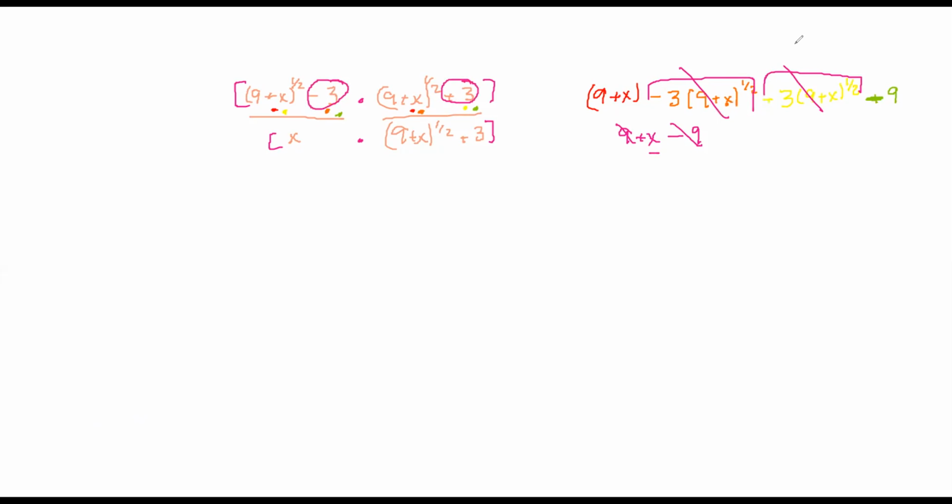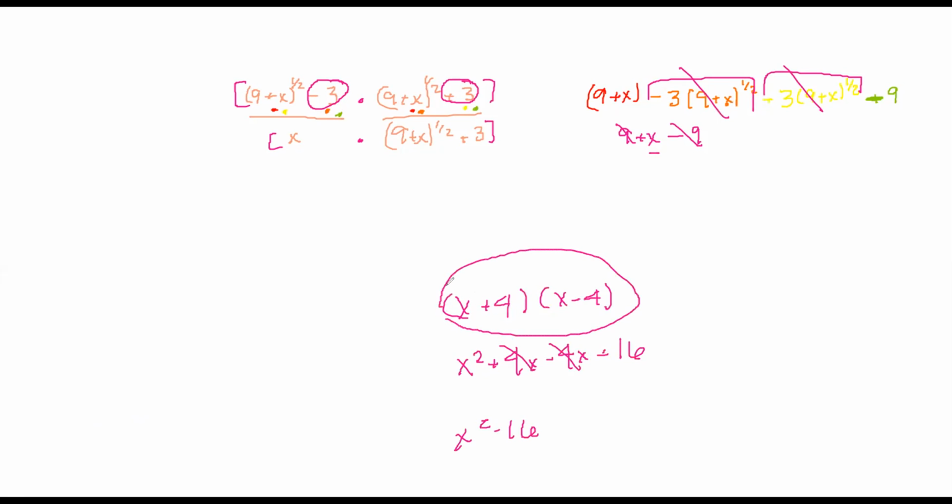Right. And so it's kind of like if we have x plus 4 times x minus 4. So that's x squared plus 4x minus 4x minus 16. So it's x squared minus 16 because these cancel out. Right. So in the grand scheme of things, that was the plan with what we did.